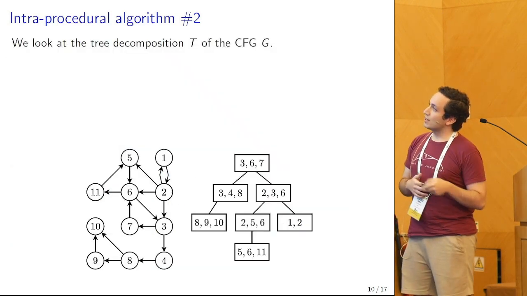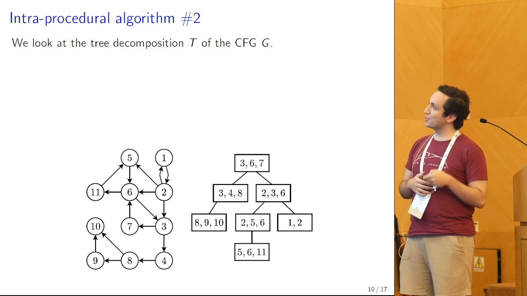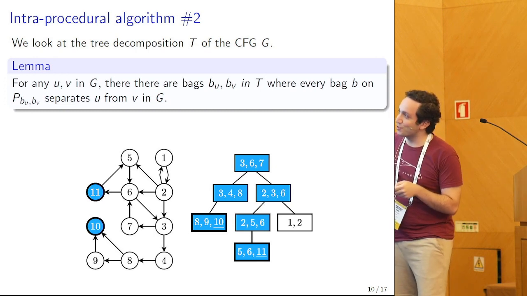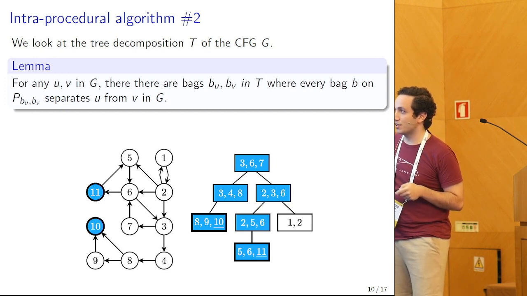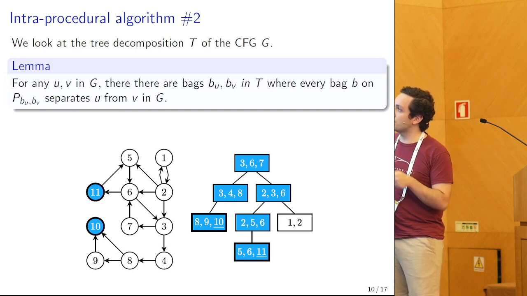To do that, we will exploit our extra input. Suppose that this is our control flow graph, and this is its tree decomposition. This tree decomposition has some properties that give us the following lemma. If you consider two nodes, U and V, in the original graph, like those two here, then you can identify in the tree decomposition two bags, BU and BV, like those shown here in bold, such that the path connecting BU to BV is a path consisting of bags, and each of these bags forms a cut that separates U from V in the original graph.